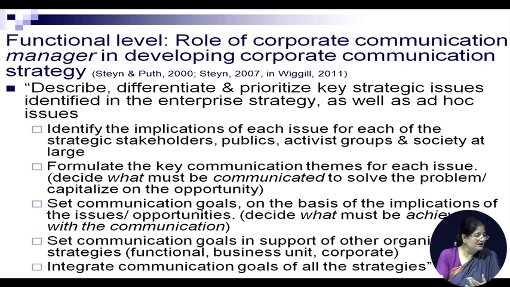And how do we do that? We identify the implications of each issue that we can see and each issue that we cannot see, but we can project that we might see. We do this for each of the strategic stakeholders, publics, activist groups and society at large. Who's going to be affected? Who's going to talk about it? It's not only who's going to be affected, it's also the media these days.